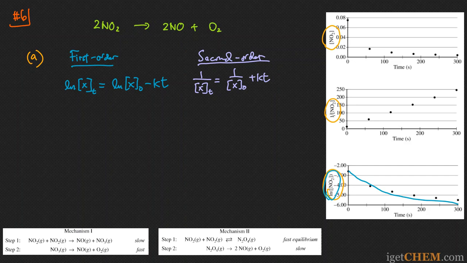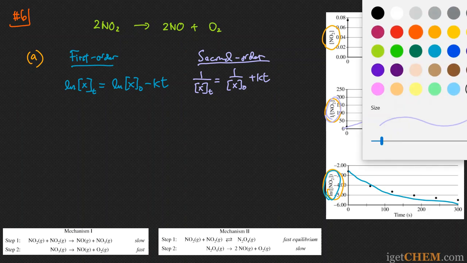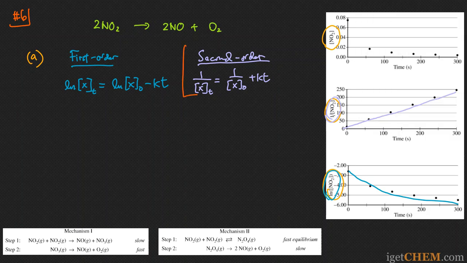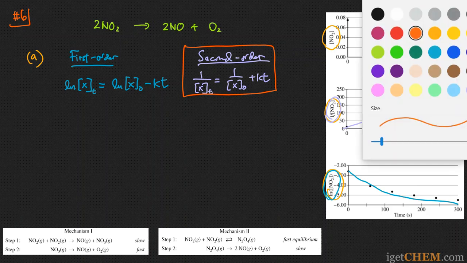So in this case, 1 over the concentration would have produced a straight line. So you see, this is the plot right there. And indeed, that looks pretty straight. So what we can see from that plot is that this reaction must be second order, because that plot gives you a straight line.